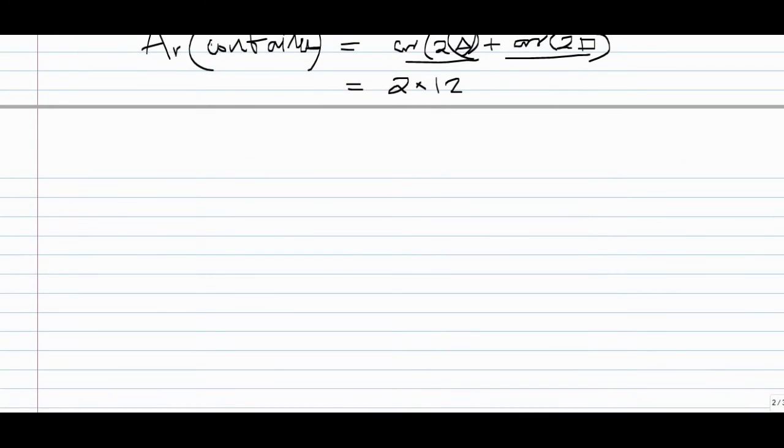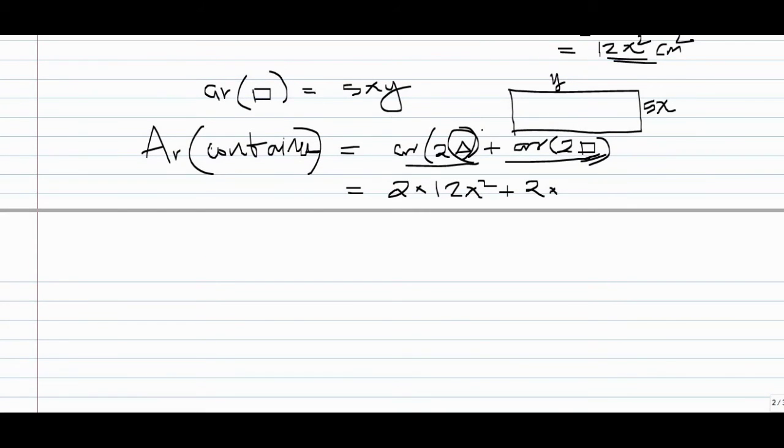So it is 2 times 12x squared plus 2 times area of rectangle is 5xy, which is equal to 24x squared plus 10xy.